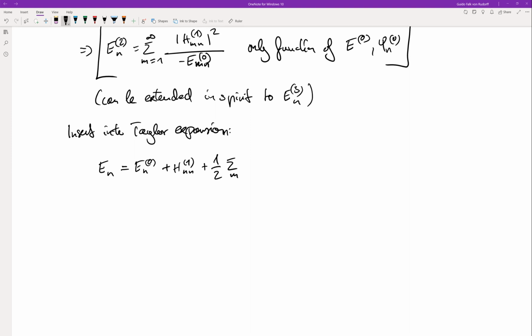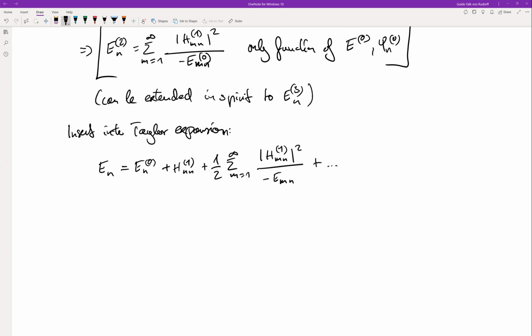So that would be the infinite sum from 1 to infinity of H_MN^1 squared over minus E_MN, plus all the higher order terms.